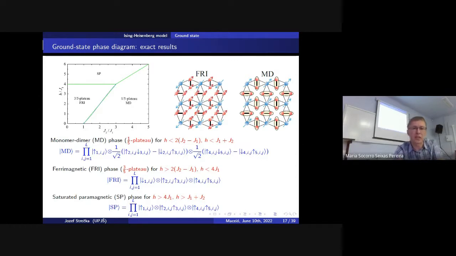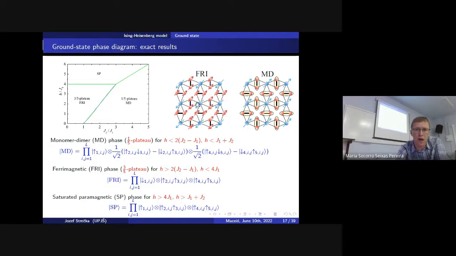Before showing this result, let me, for better comprehension, first show the phase diagram. The phase diagram of the Ising-Heisenberg model can be found very easily because the whole system can be written as a sum of commuting cluster Hamiltonians.